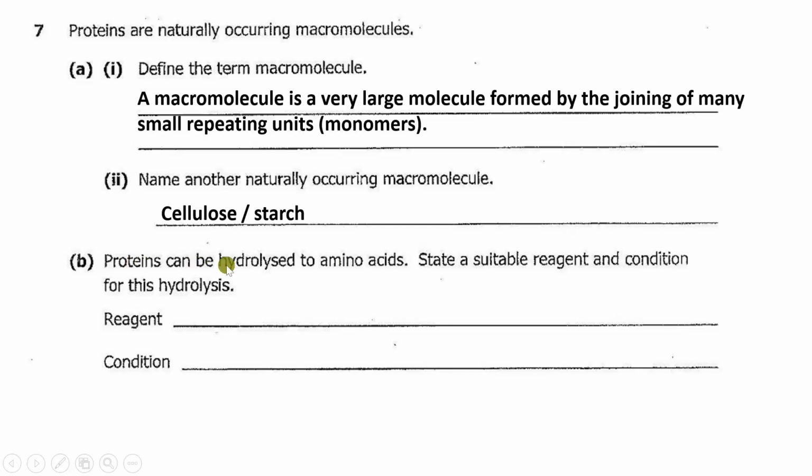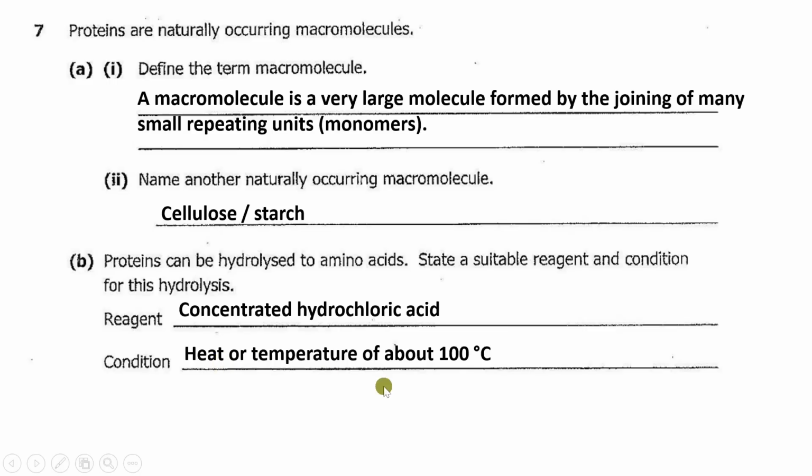State suitable reagent and condition for this hydrolysis, meaning what reagents are there to ensure that this happens and under what conditions. So we are saying reagent, concentrated hydrochloric acid. Condition, heat or temperature of about 100 degrees Celsius.